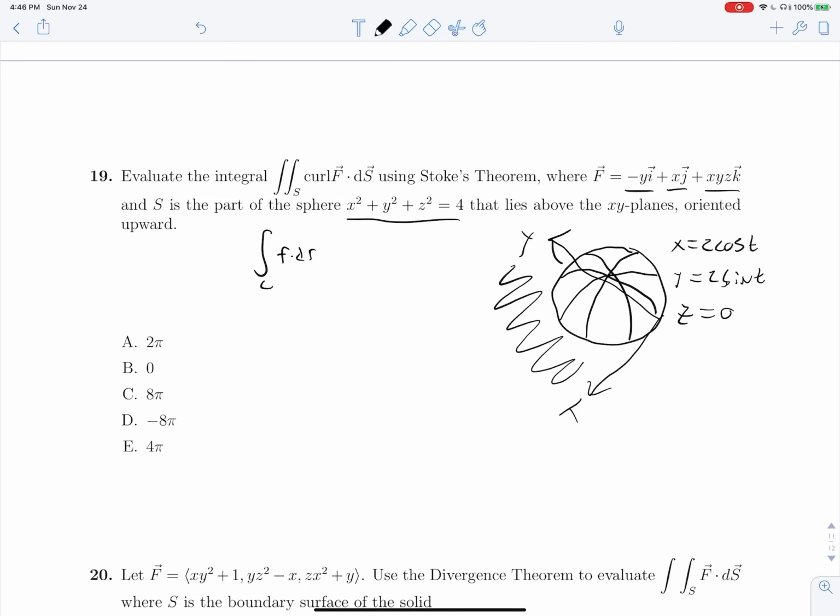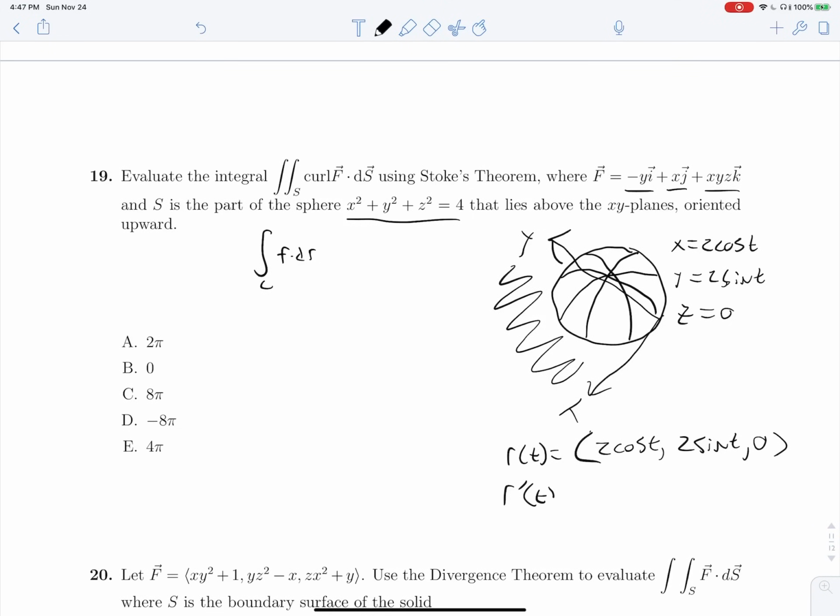And that works out very nicely because when we plug r into f, this whole component with this big xyz is just going to vanish into thin air. So let's form everything up and do something that we can deal with. So r of t is going to be 2 cosine t, 2 sine t, 0.